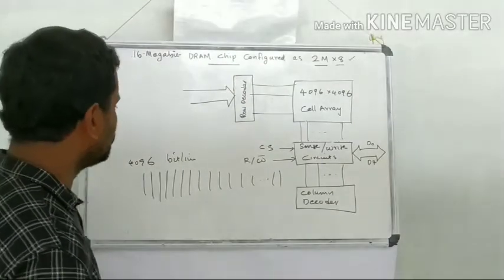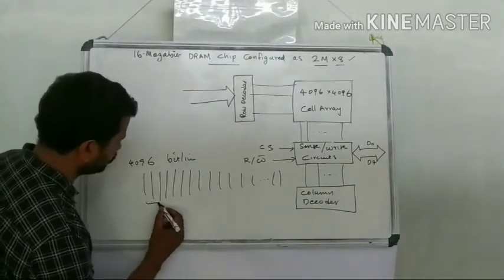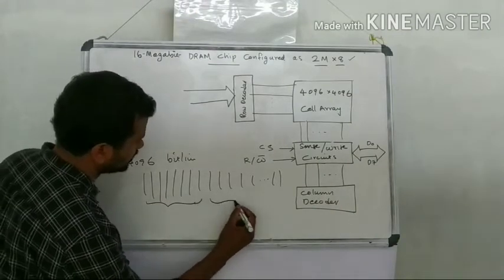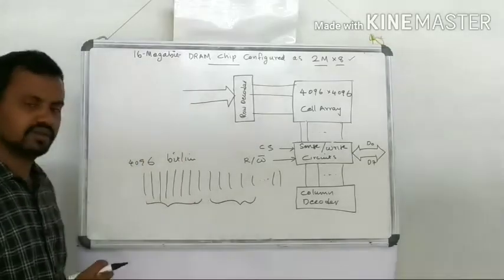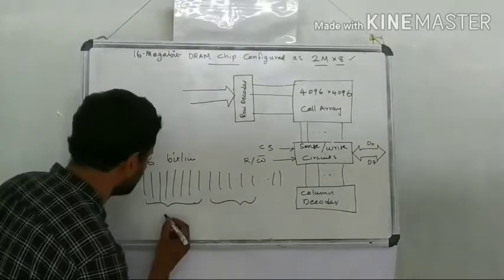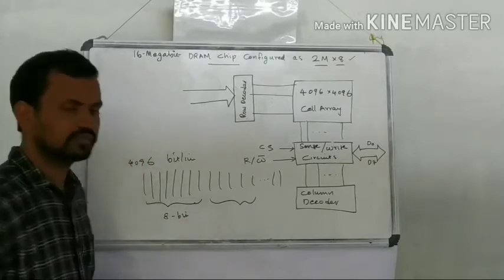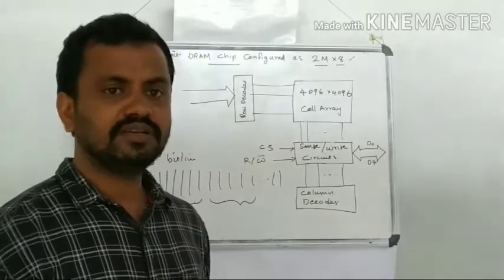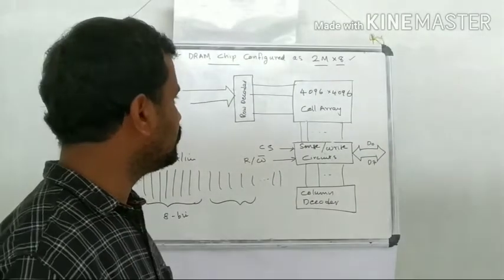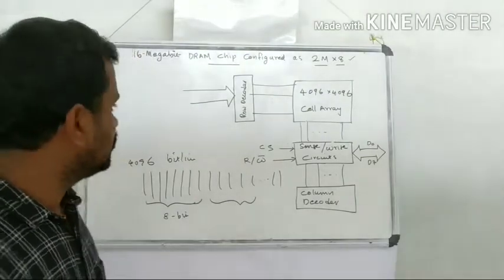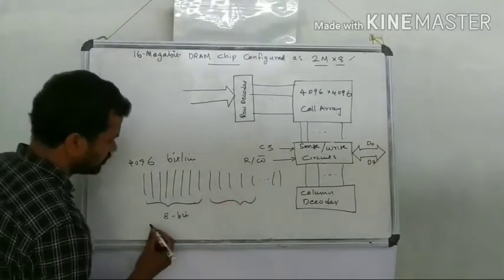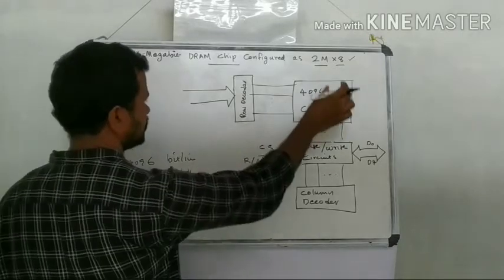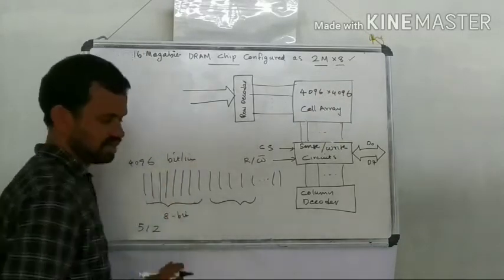We already said that in this case our data bus width is 8 bits. So what we will do is group this into 8 bits, and again 8 bits like that. So how many such 8 bit groups will we have? Because our data bus width is 8 bits, we will have 512 such 8 bit groups, because we have 4096 bit lines.